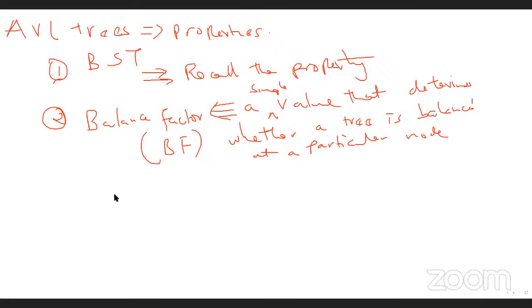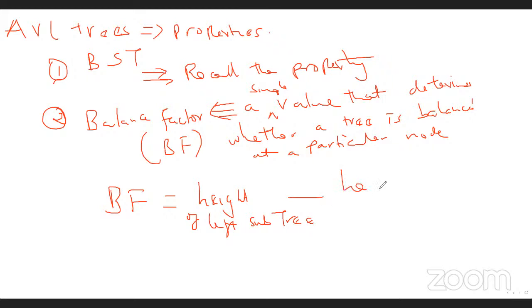So how do we calculate BF? BF is equal to the height of the left subtree minus the height of the right subtree. For each node, you check the height of the left subtree minus the height of the right subtree.